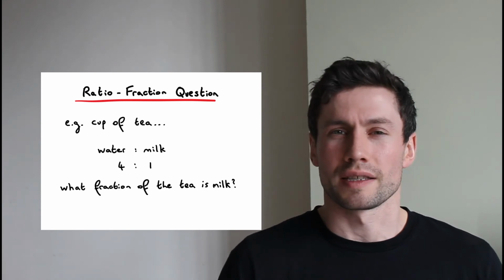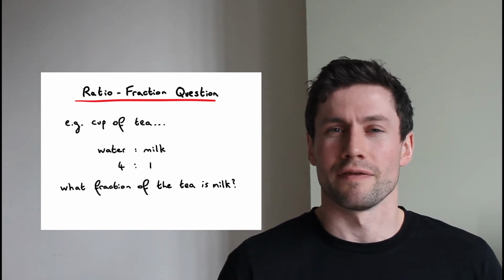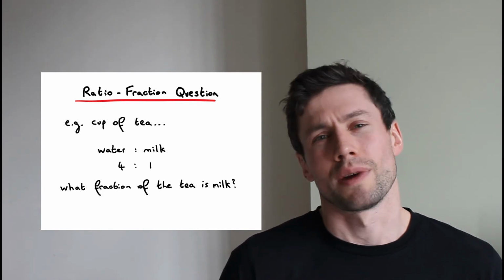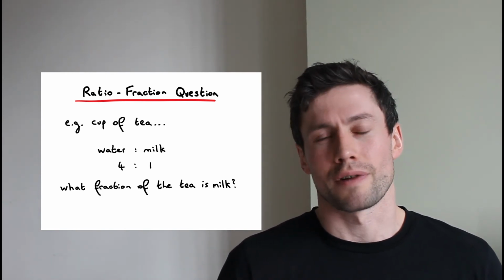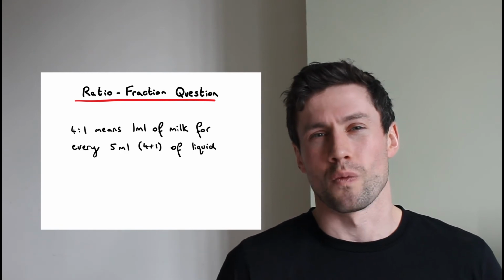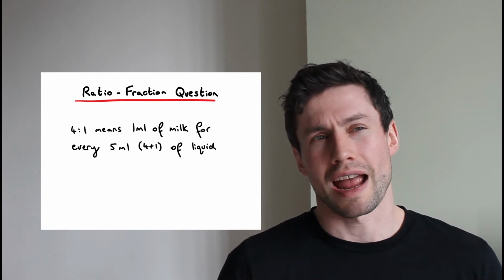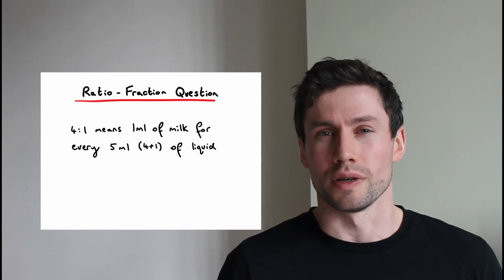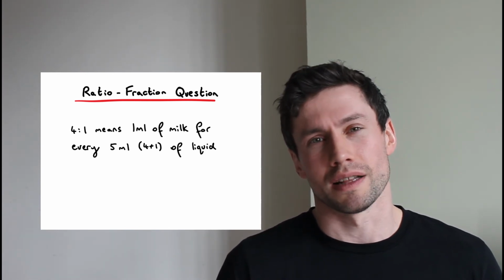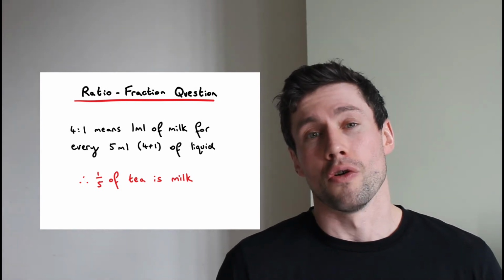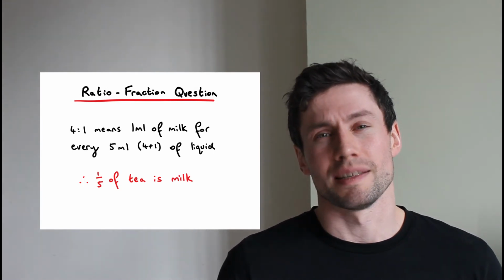We can think of this by thinking about how many milliliters of milk there are for every milliliter of water. Because we have the ratio of 4 to 1, that means for every 4 milliliters of water, there is 1 milliliter of milk. Therefore, within every 5 milliliters of liquid, 1 of those milliliters is milk. And we can clearly see that 1/5 of the overall cup of tea is milk.